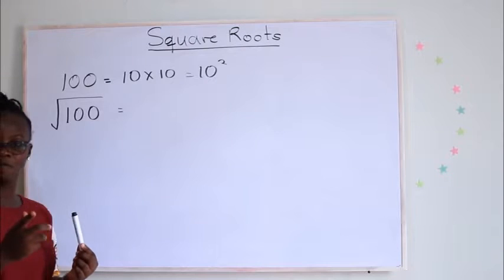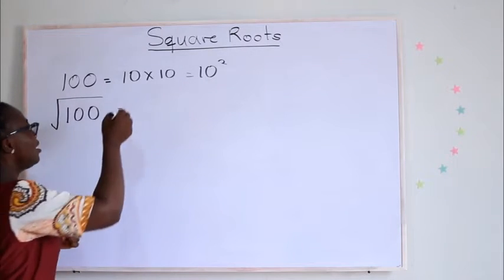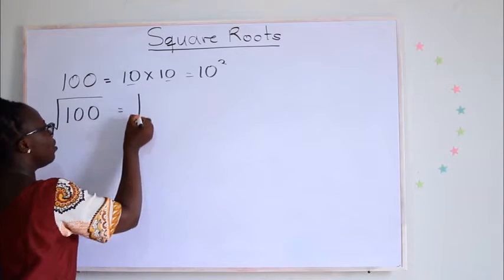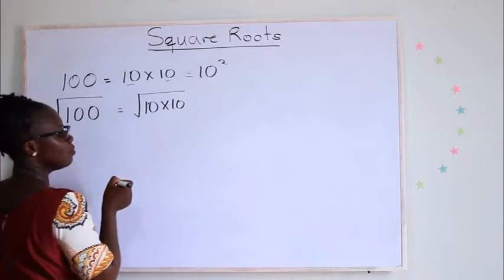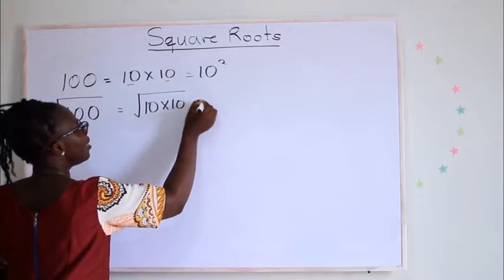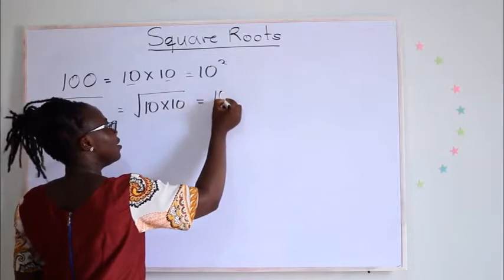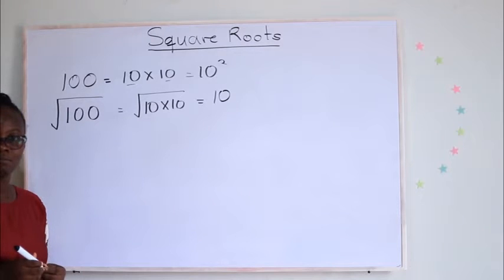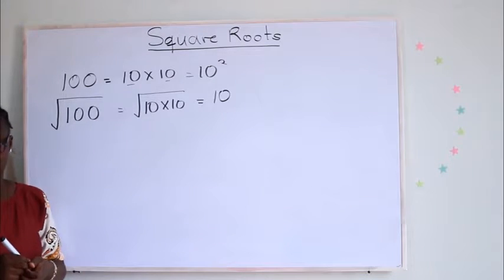So you ask yourself, what number will I multiply by itself to get 100? That was the 10. So you have 10 times 10, which gives me 100. It means that the square root of 100 is 10.